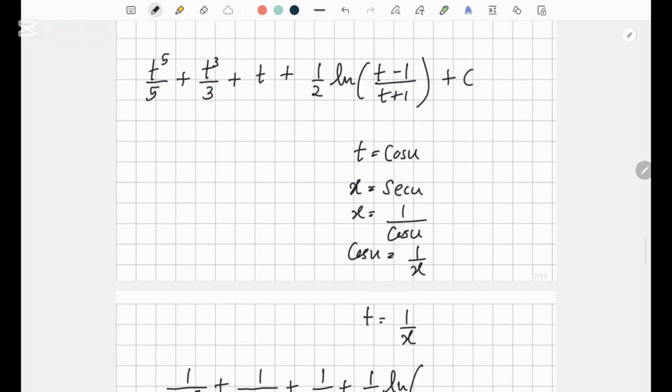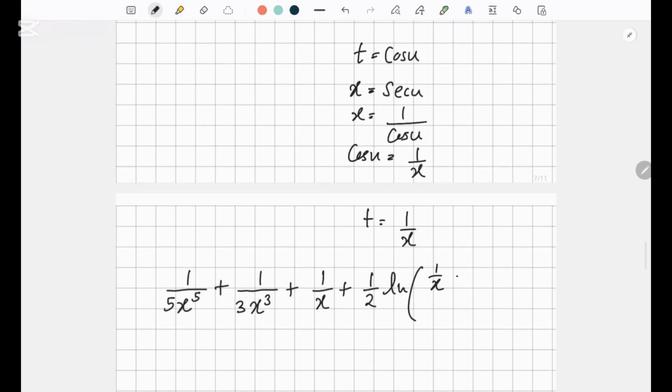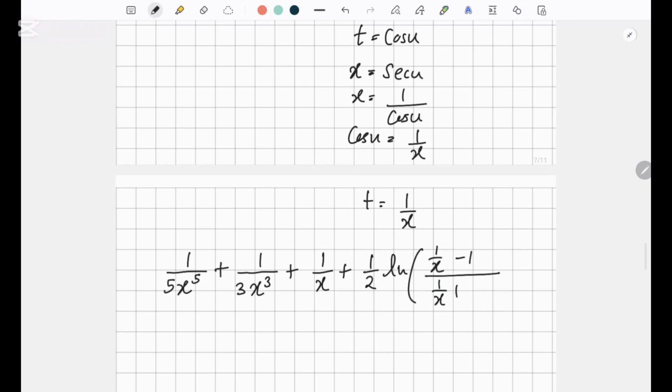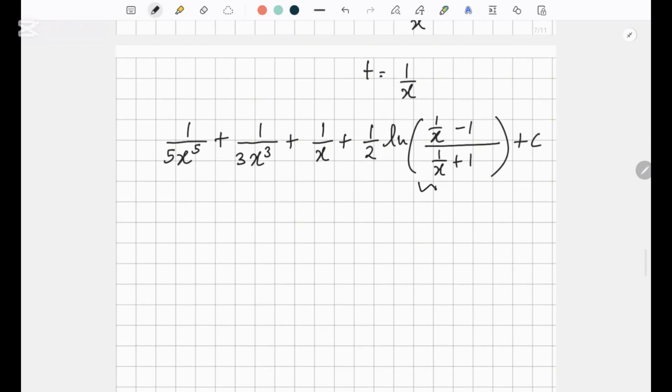Now, t is 1 over x, so 1 over x minus 1 over 1 over x plus 1, plus c. Now, if you simplify this fraction, it's 1 over x, so you could write 1 minus x over 1 plus x over x. x cancels off. You get 1 minus x over 1 plus x.